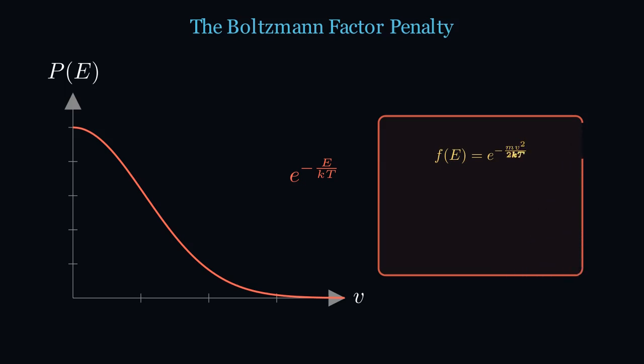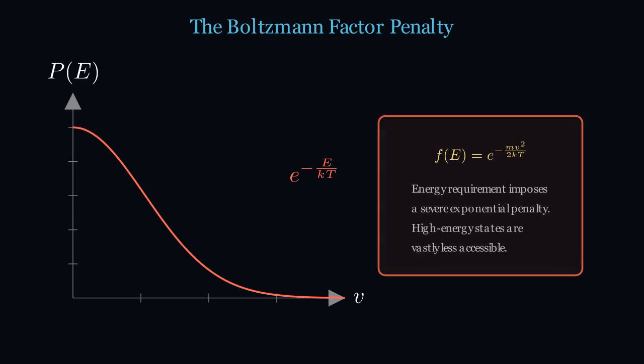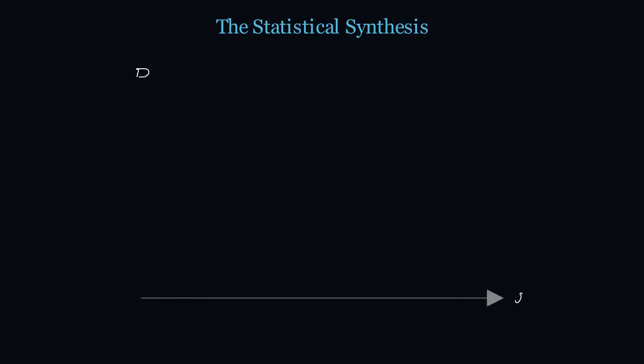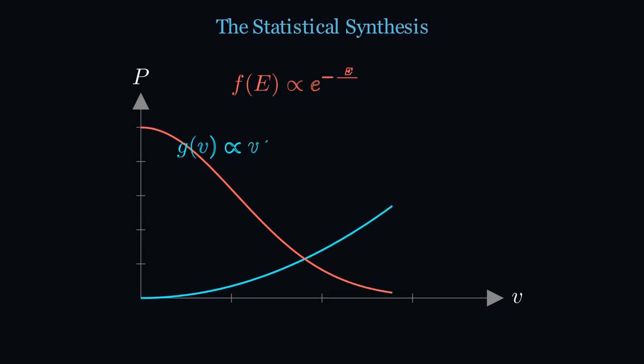Geometrically, the Boltzmann factor acts as a steep exponential dampener. As kinetic energy E increases, meaning as speed v increases, the value of e to the negative E over kT plummets very rapidly towards 0. Imagine this visually as a sharply decaying curve, starting near 1 for 0 energy and quickly falling. For very low energies or speeds, this factor is close to 1, implying those states are highly accessible.